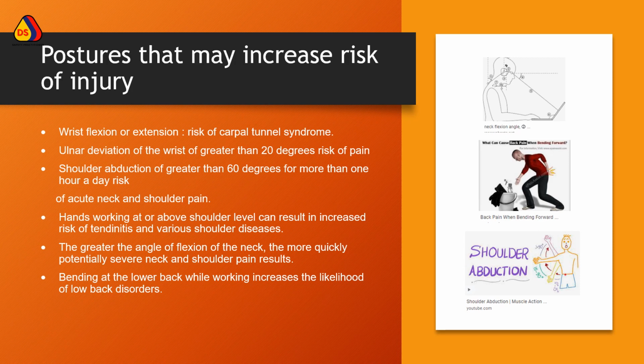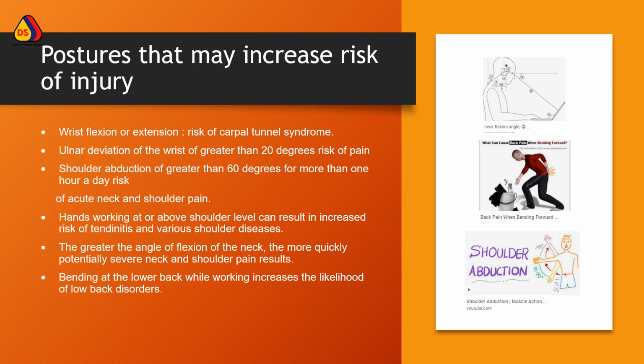These postures compress the median nerve, which can lead to symptoms such as pain, numbness, and tingling in the hand and fingers. Ulnar deviation of the wrist exceeding 20 degrees can lead to wrist pain and discomfort. It may also contribute to conditions affecting the alignment of the wrist joints, which can lead to chronic pain and reduced wrist function.